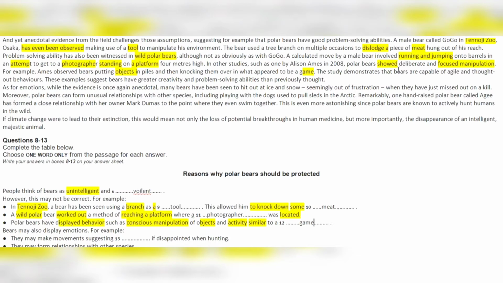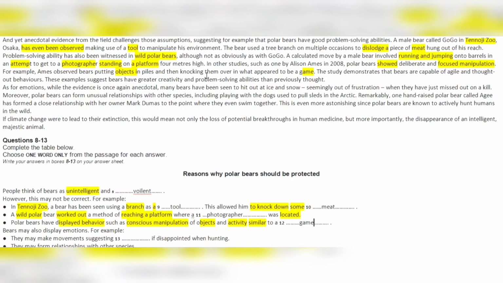Now we see it again. In other studies, polar bears showed deliberate and focused manipulation. Polar bears have displayed behavior such as conscious manipulation. Conscious means focused manipulation. We find the word focused in place of conscious. For example, we find the words for example in place of such as.